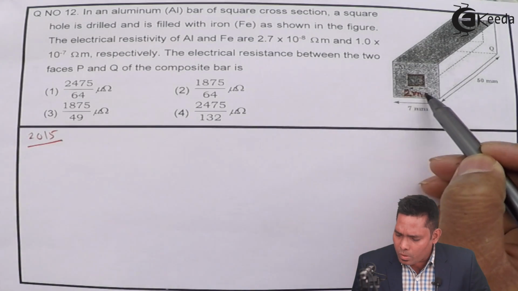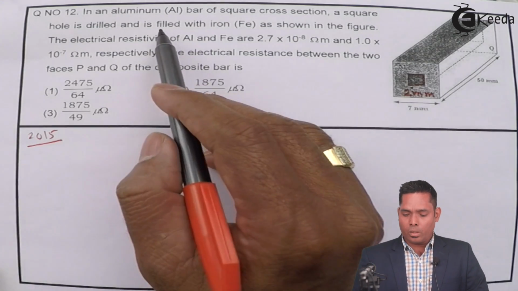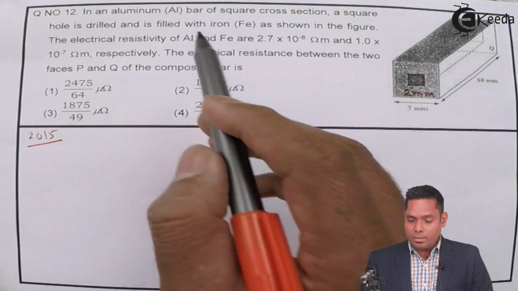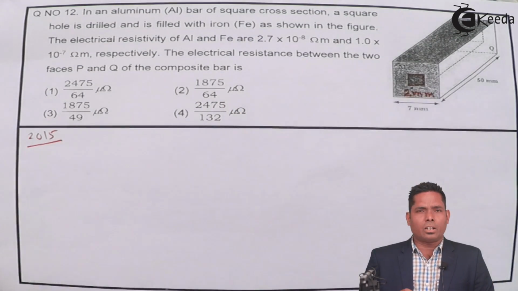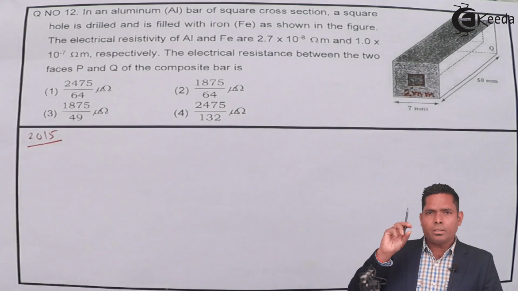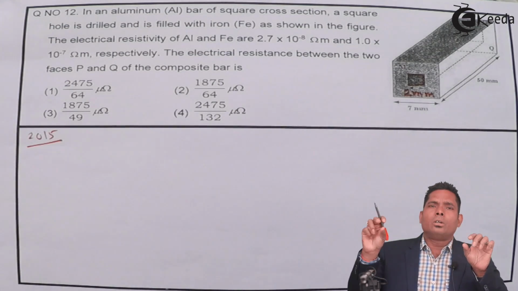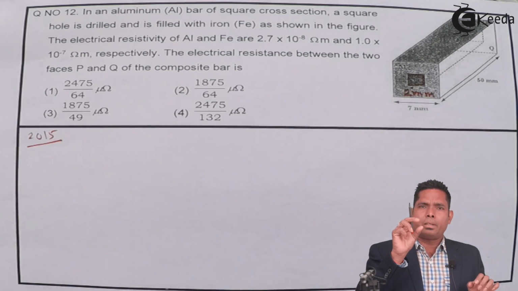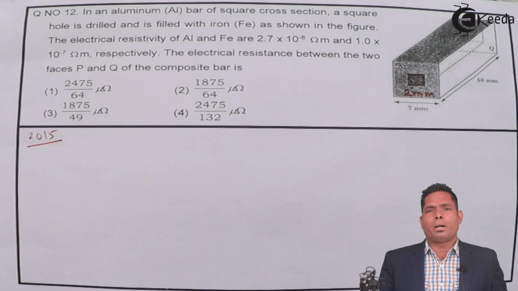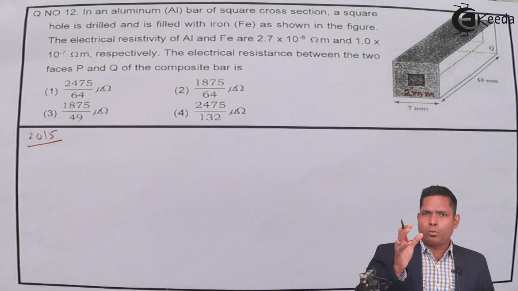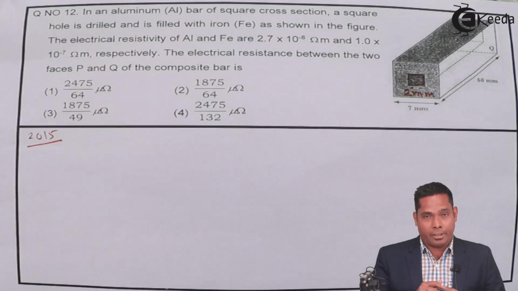Each side is 2 mm and that hole is obviously square, and it's filled with iron, so it is a combination of aluminum bar and iron bar. Iron bar is having side 2 mm and the aluminum bar is having side 7 mm, and when you find the area you have to subtract the portion which is filled with iron.